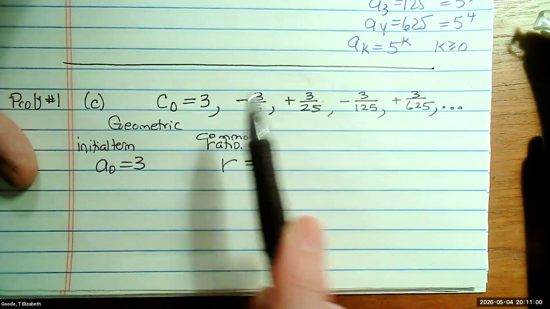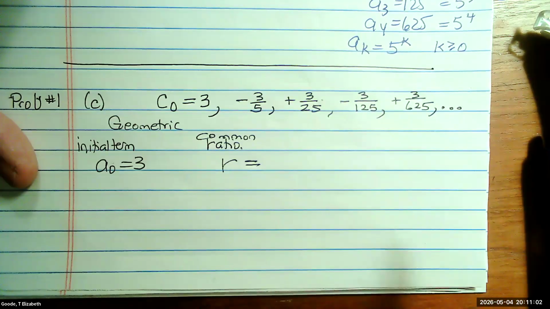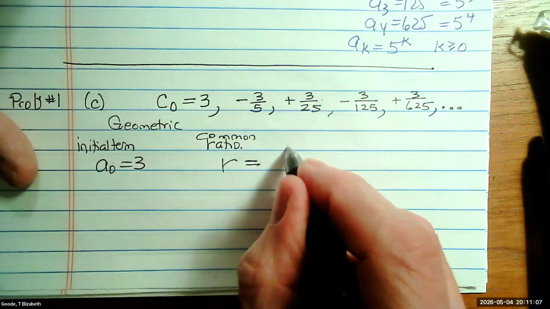What are we multiplying by to get from term to term? 1/5.